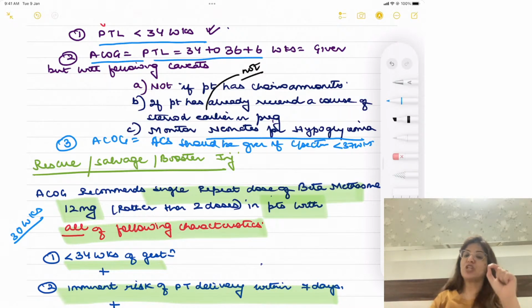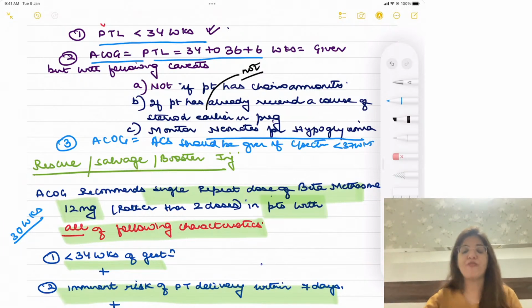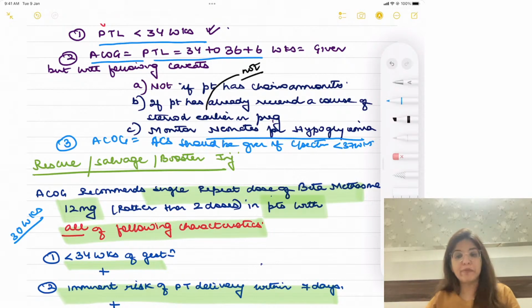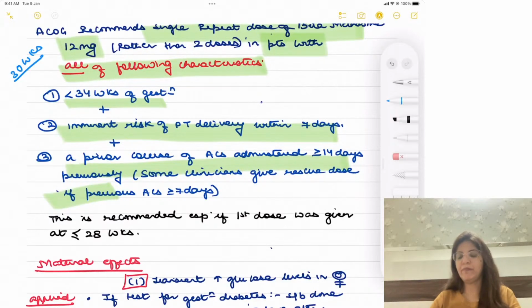Number one, the patient's gestational age should be less than 34 weeks. Number two, there should be a risk of preterm delivery within 7 days. And number three, the prior course of antenatal steroids should have been given at least 14 days back. In that case, I can give them a single course of betamethasone.